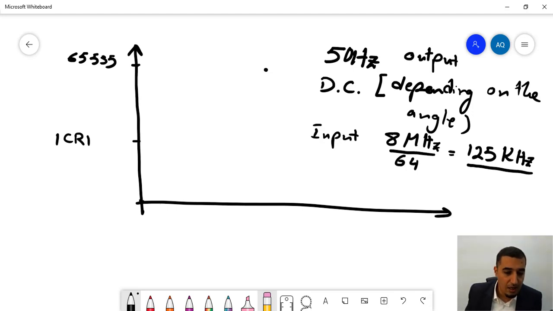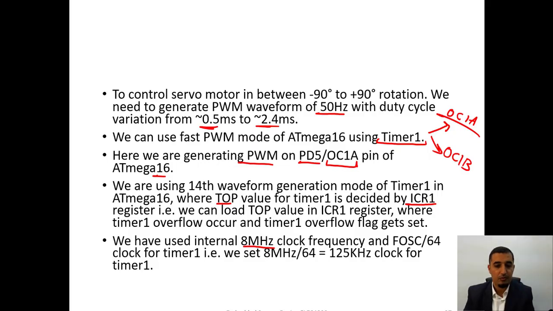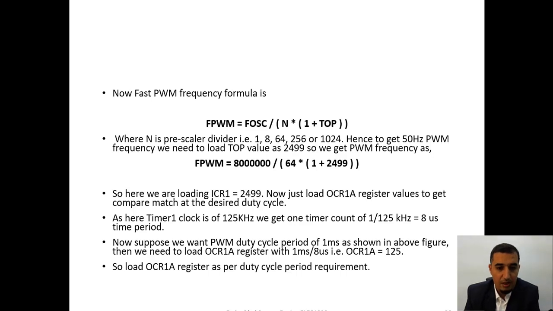We want to find ICR1. Now to find ICR1, there is an equation. The fast pulse width modulated frequency, which is the frequency that we want, is equal to the frequency of the microcontroller divided by n, where n is our prescaler, times 1 plus top.